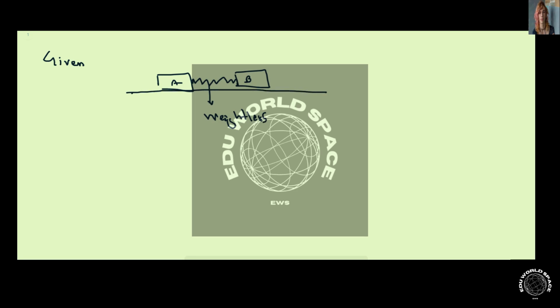The two blocks are sitting on a frictionless table. We're also given that the mass of block A is 1 kilogram, and the mass of block B is 3 kilograms.